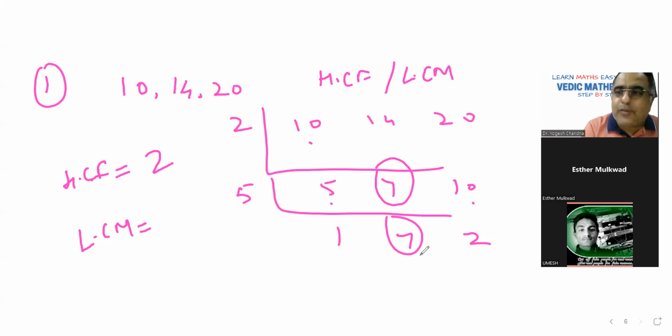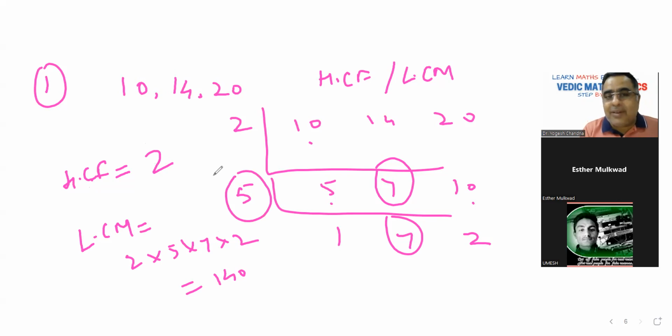So LCM is 2 into 5 into 7 into 7 into 2, so 140. See, now this was a confusion. If we were not supposed to add this 5, why was it done here? At your age, you might remember it, but at the age of the children, they get confused, right?